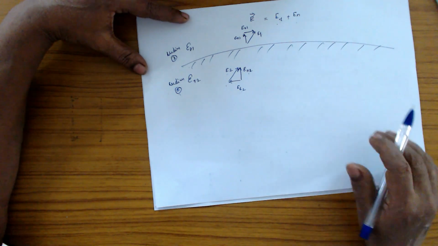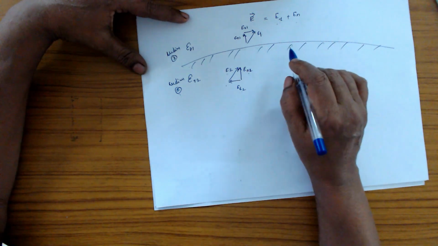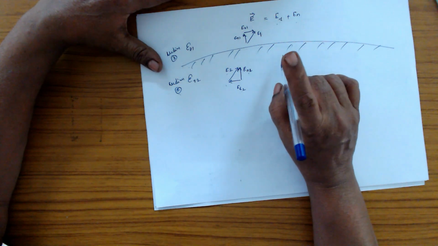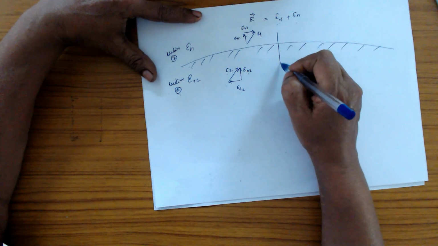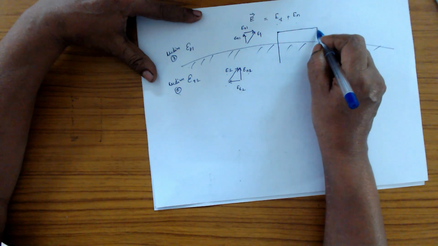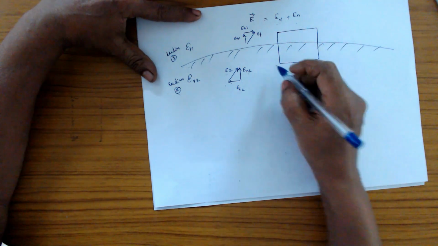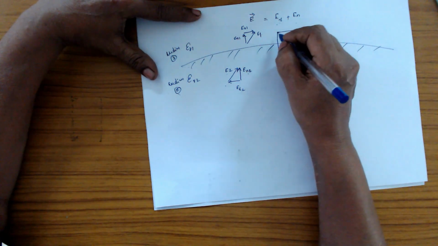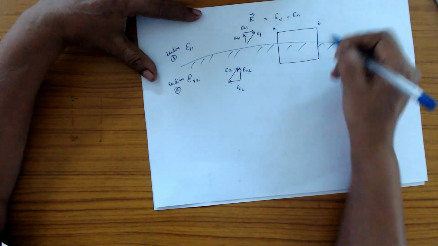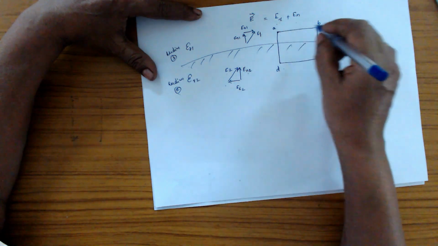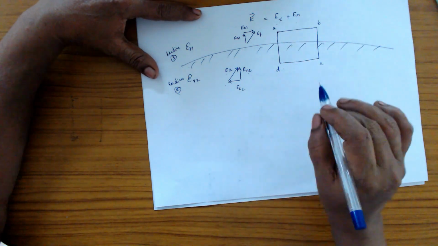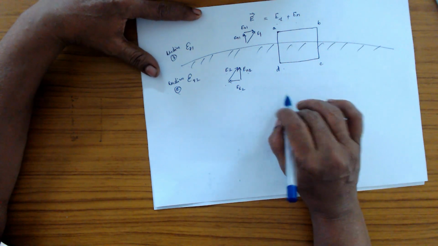the first thing is, this can be analyzed in two ways. The first one I can do by closed loop analysis. I'll take a closed loop, and let me label it A, B, C and D. In this closed loop I am going to find the overall electrical field.